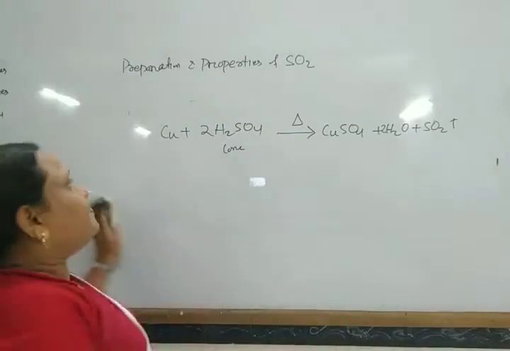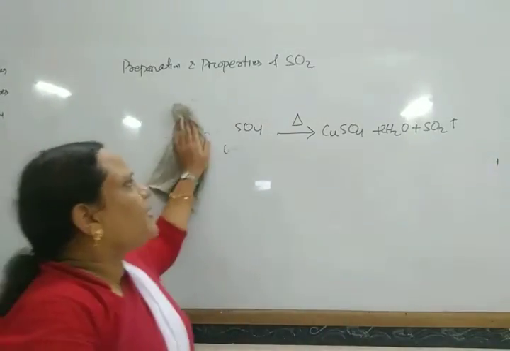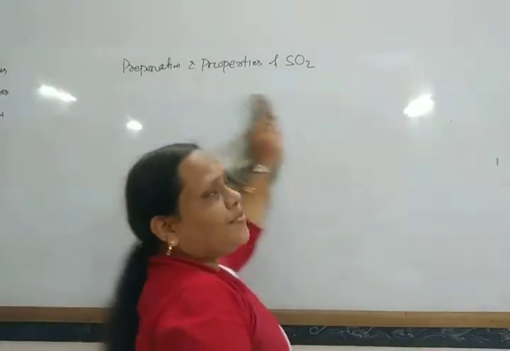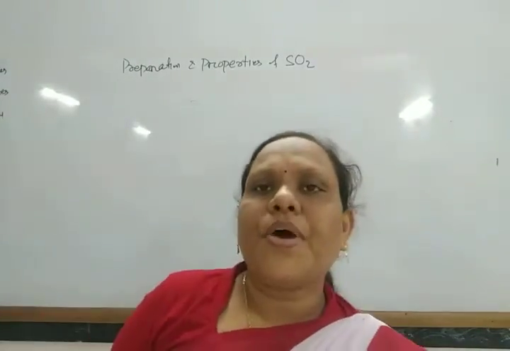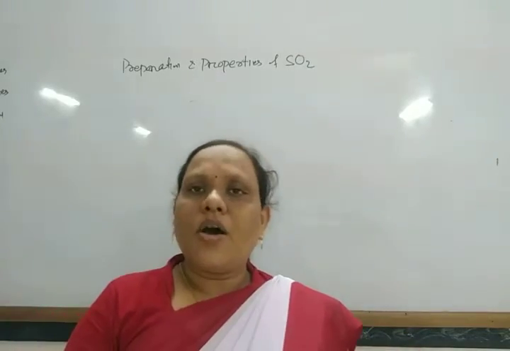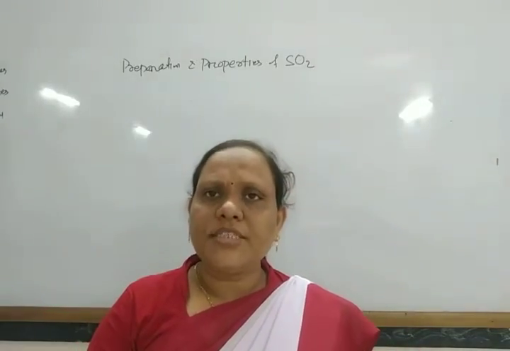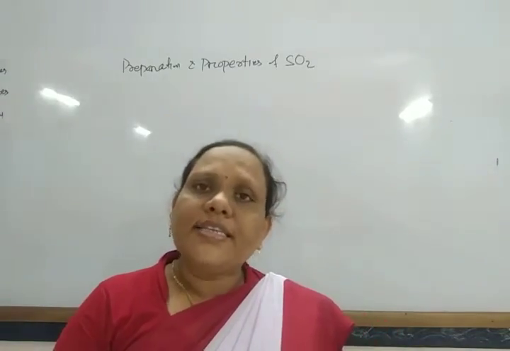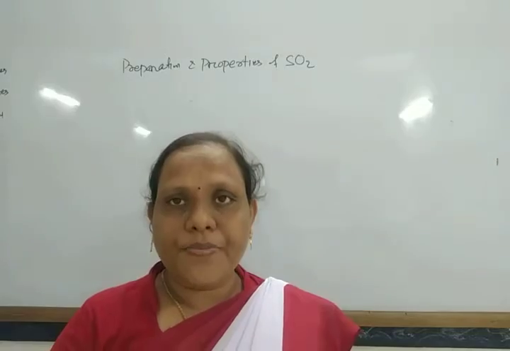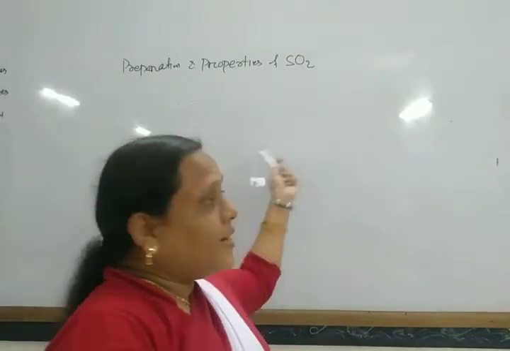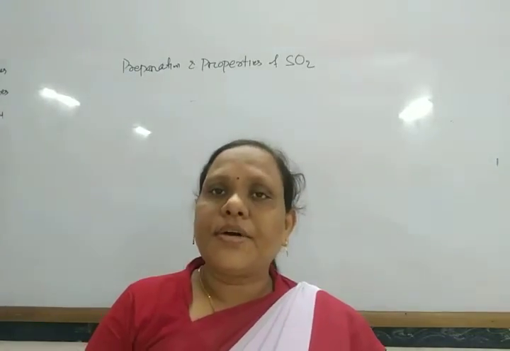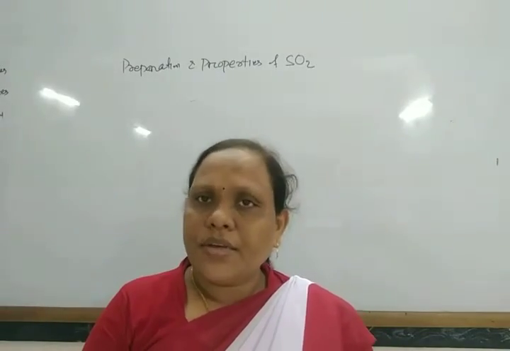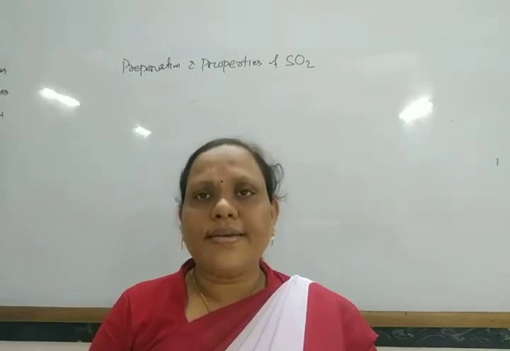Okay, next come to the properties of sulfur dioxide. Sulfur dioxide is a colorless gas having a pungent odor, that is, a burning sulfur, irritating smell. It is highly soluble in water and acidic in nature, so it turns blue litmus red.